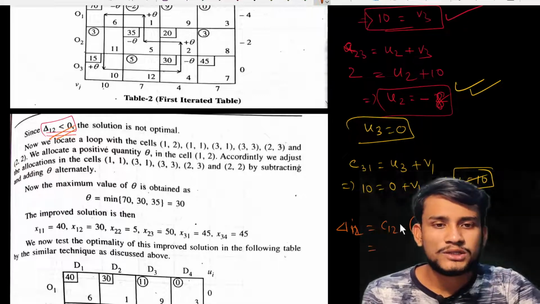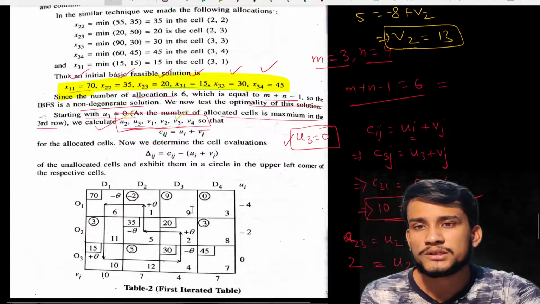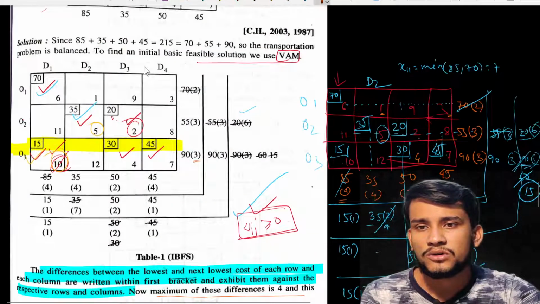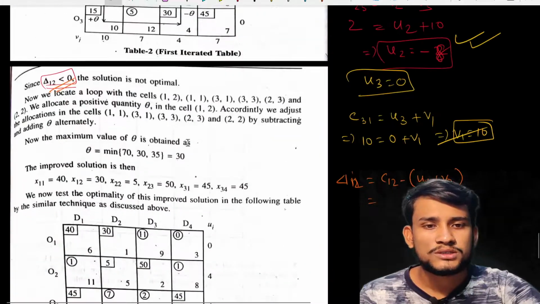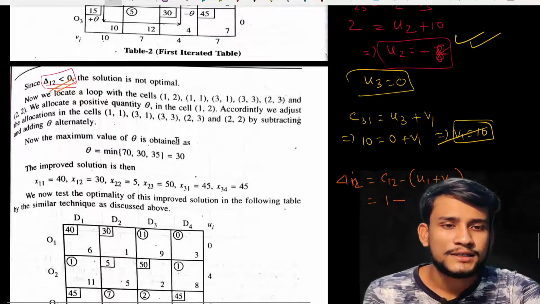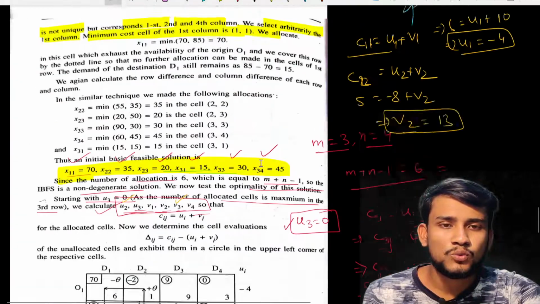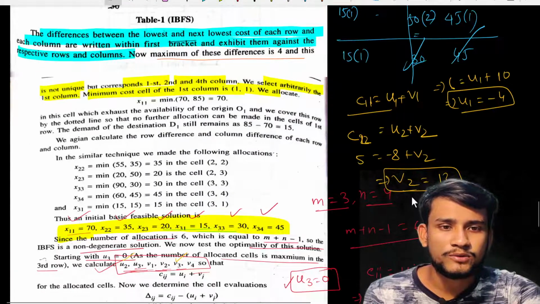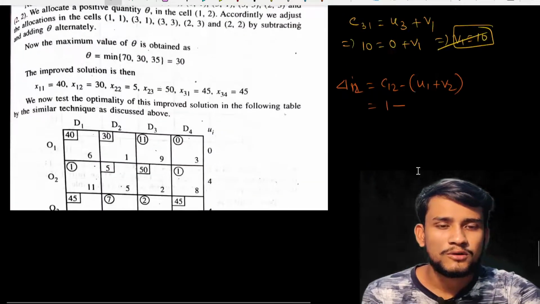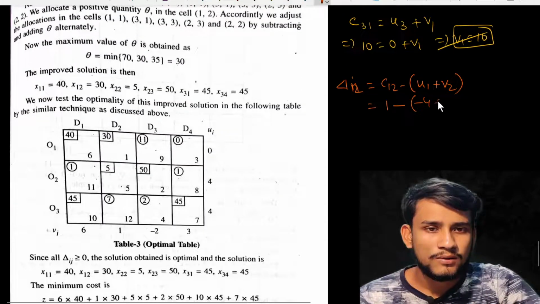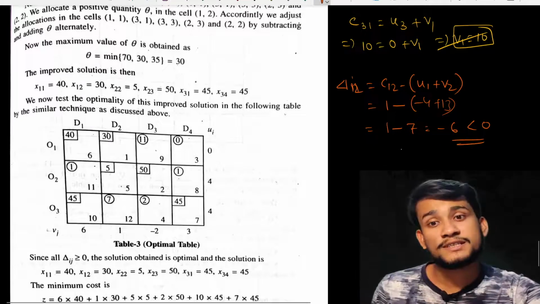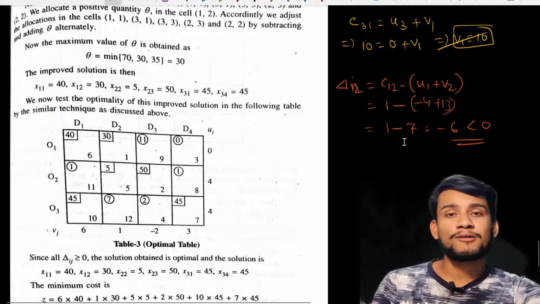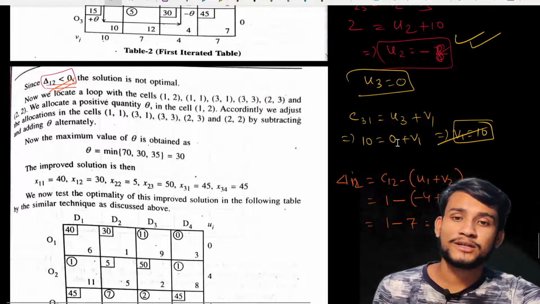Here the problem says delta 12 should be less than 0. The cost c12 is 1, so this is 1 minus (u1 plus v2), where u1 is minus 4 and v2 is 13. So minus 4 plus 13 is 9, hmm, 1 minus 7 gives minus 6, which is less than 0. You have to calculate all of these and calculate all the delta i's.